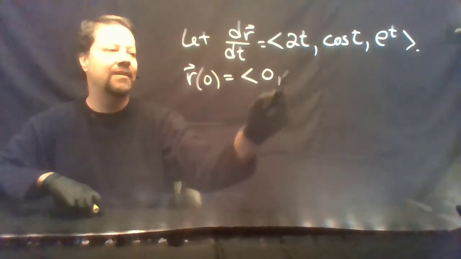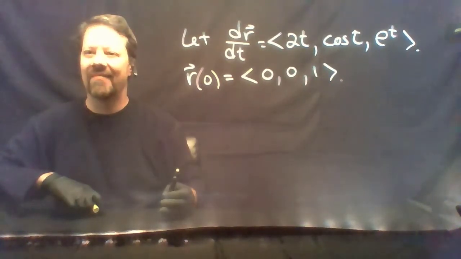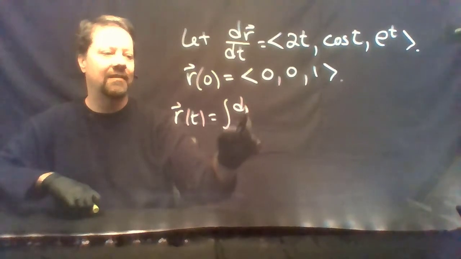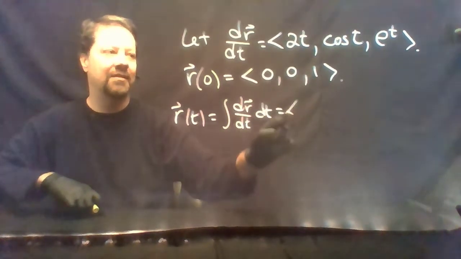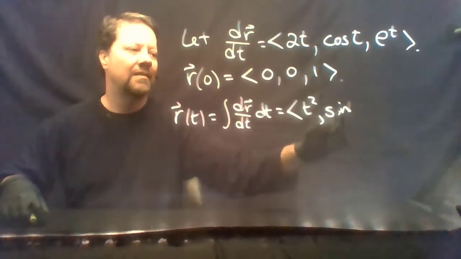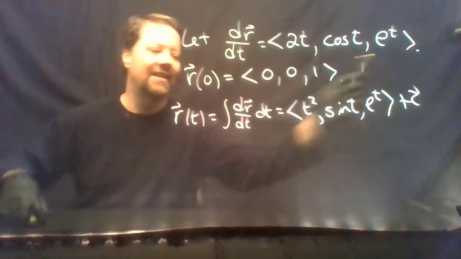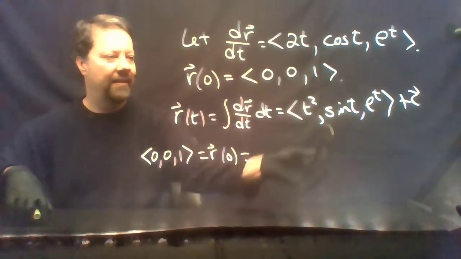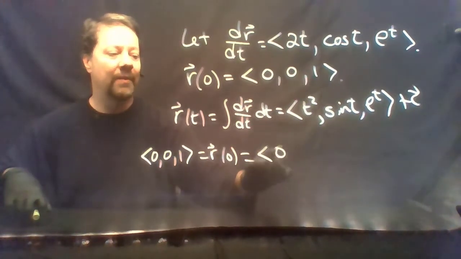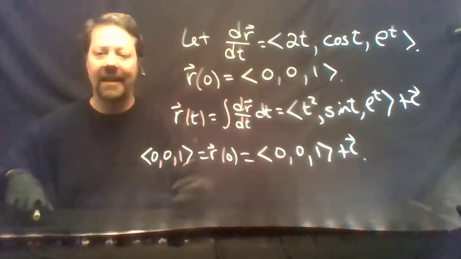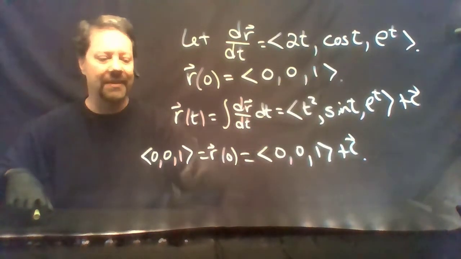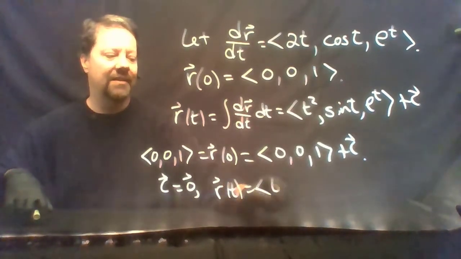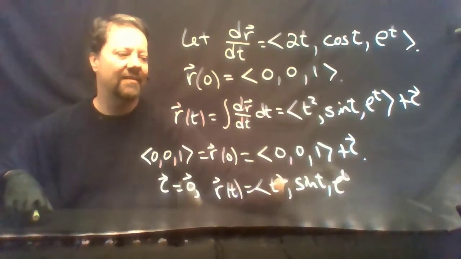So if we know we get ⟨0, 0, 1⟩ at t equals 0, first of all, we know that if we integrate dr dt, we get ⟨t squared, sine t, e to the t⟩ plus an arbitrary constant vector. Well, ⟨0, 0, 1⟩ has to be r at 0. If we plug in 0 everywhere inside here, we get ⟨0, 0, 1⟩. And in this particular case, with this particular piece of initial data, that means the constant vector is the 0 vector. It follows then that r is ⟨t squared, sine t, e to the t⟩.